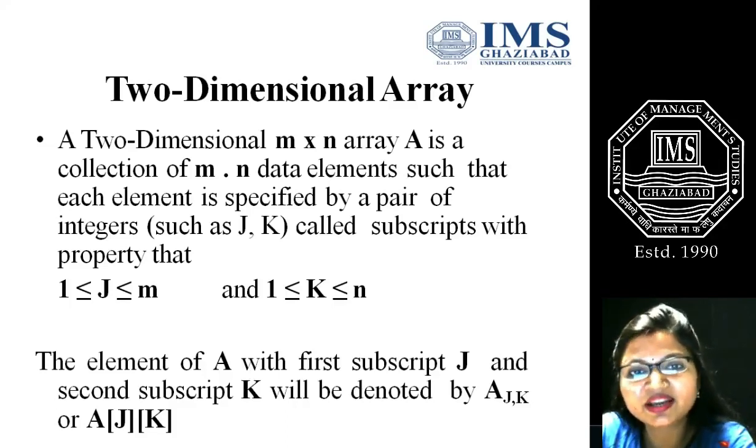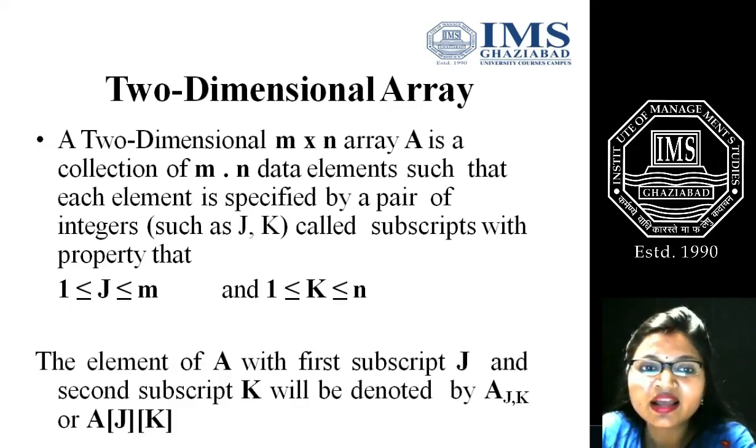So we can represent a two-dimensional array in the form of a matrix with the constraint that for the subscripts specified by j and k, the value of j will range from 1 to m, where m is the total number of rows present in the array, and the column index will vary from 1 to n, where n is the total number of columns in an array.